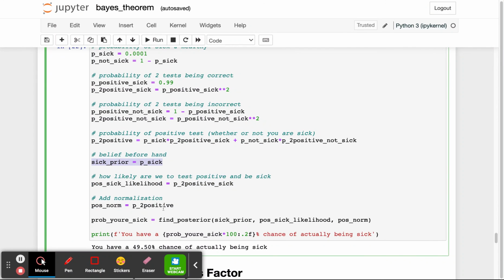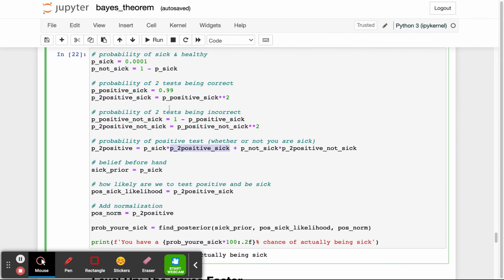The prior stays the same, and now we also have a new normalization, because in this case we're going to be multiplying the probability of being sick by this new probability of testing positive, and similarly we'll be multiplying the probability of not being sick, but the new probability of not being sick, given that we test positive twice.